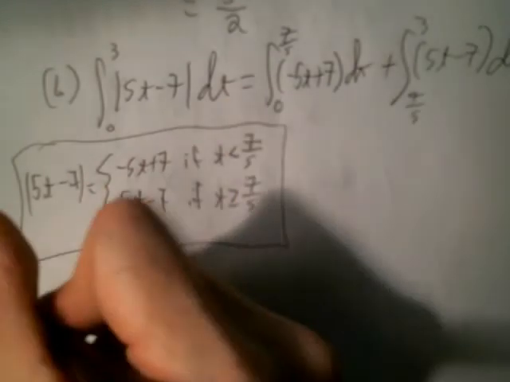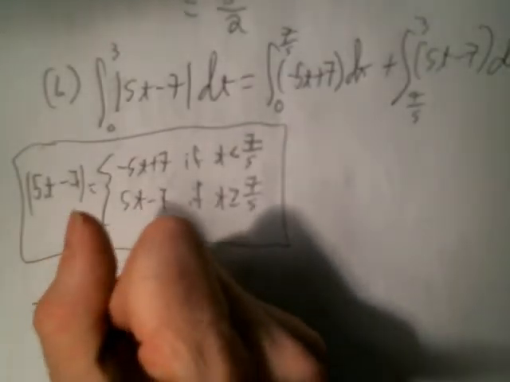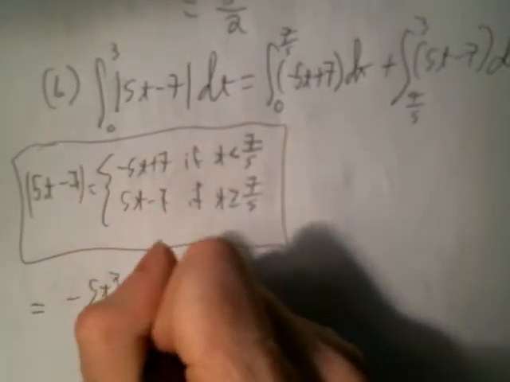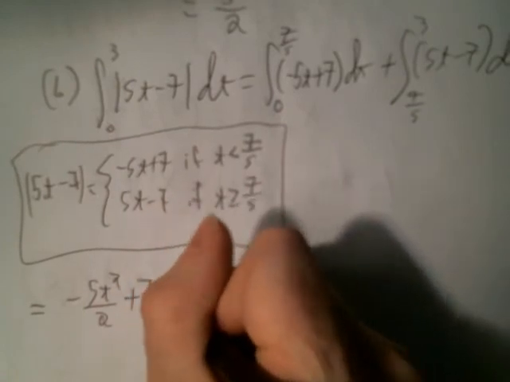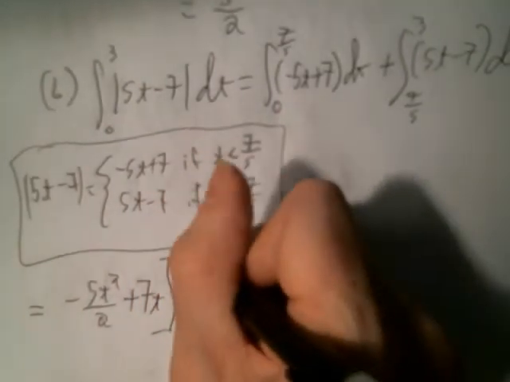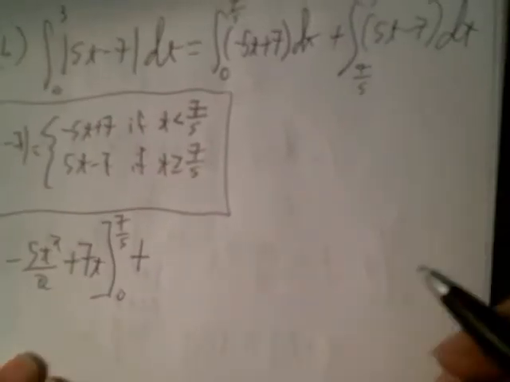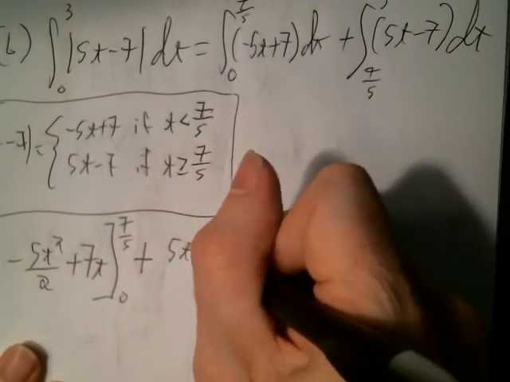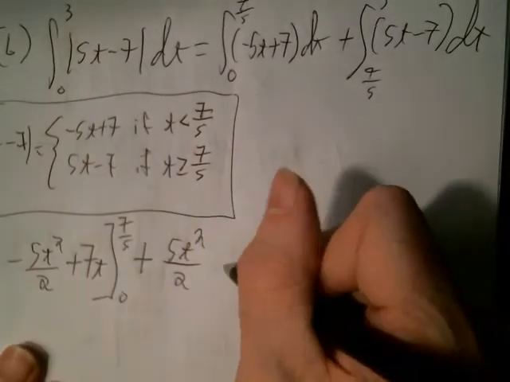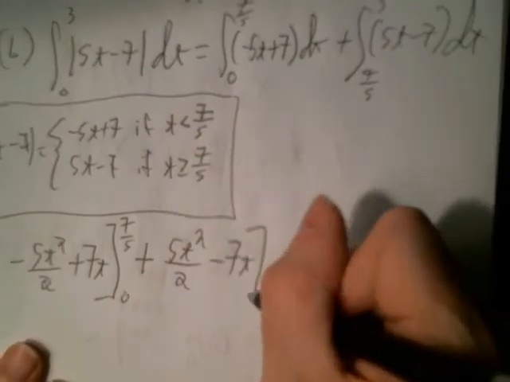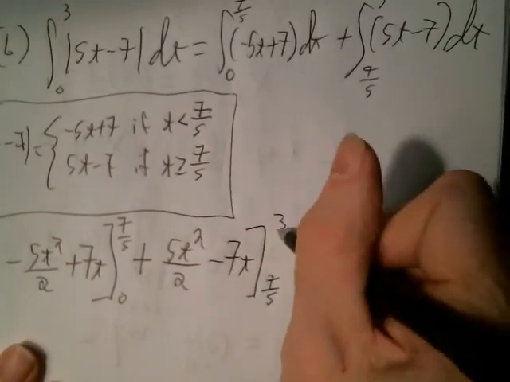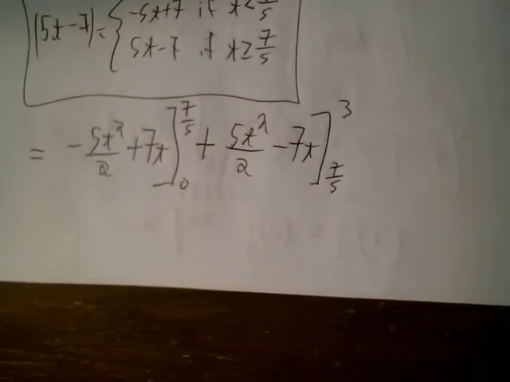Okay, so finding antiderivatives, I have negative 5t squared over 2 plus 7t from 0 to 7/5, and then plus the antiderivative of that, 5t squared over 2 minus 7t from 7/5 to 3. Okay.